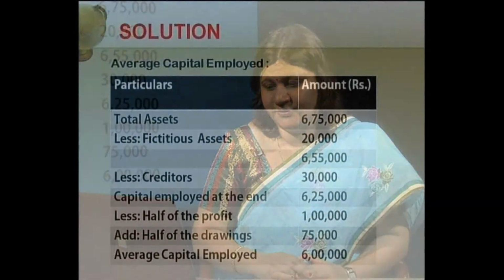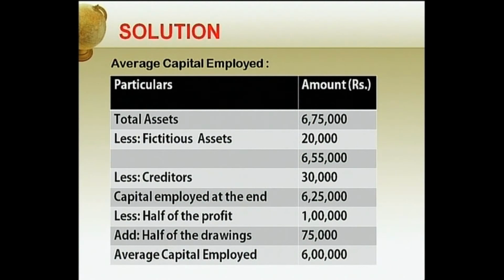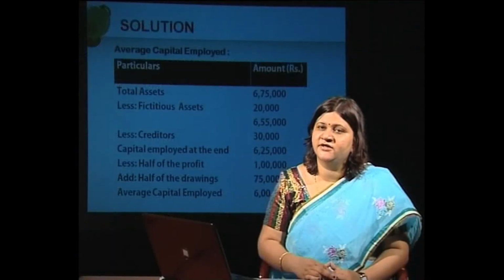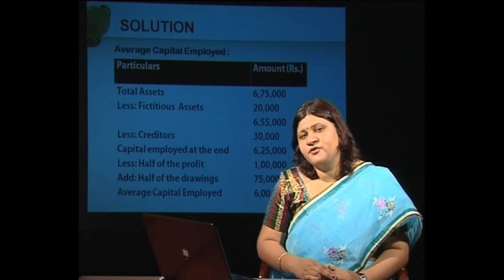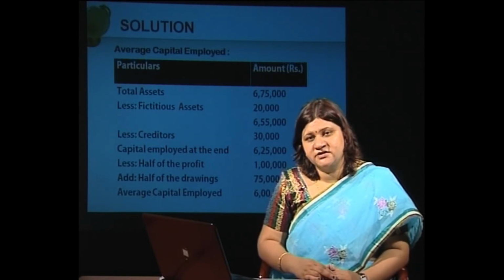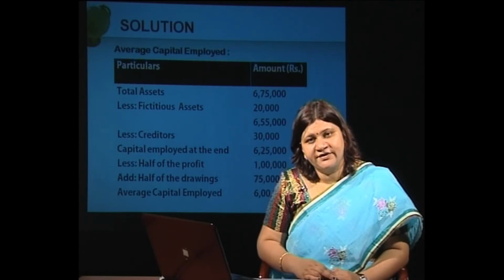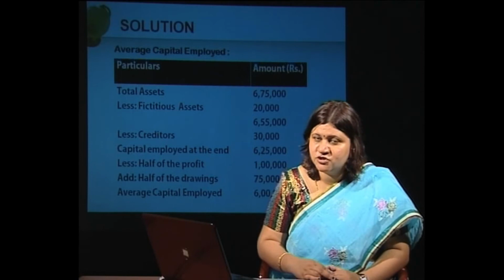Now, we have computed the capital employed at the end to be 6,25,000. We will go with the alternative approach to ascertain the average capital employed, because information in relation to the profits and the drawings is given to us, and as per the information given, we are suggested to go with the alternative approach to ascertain capital employed at the average rate.